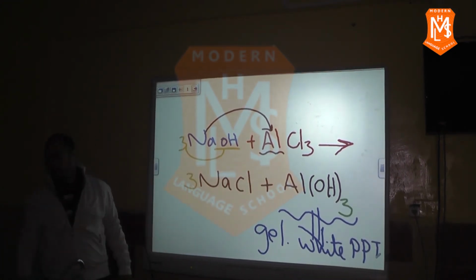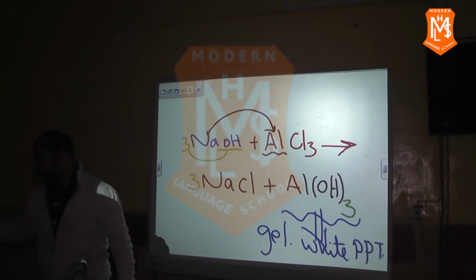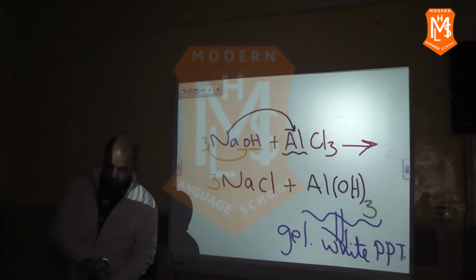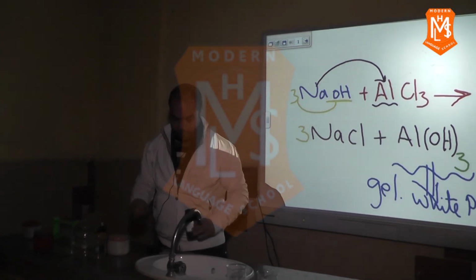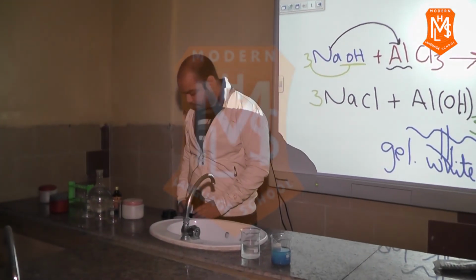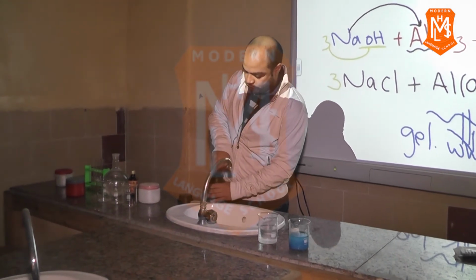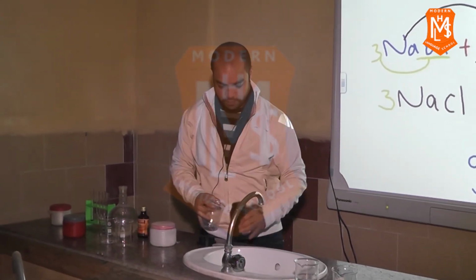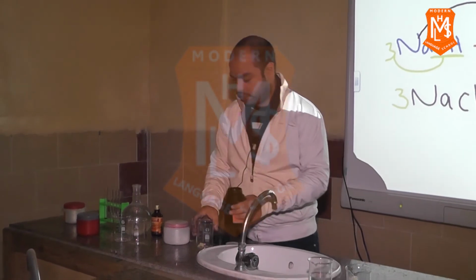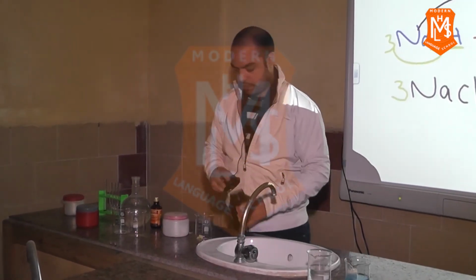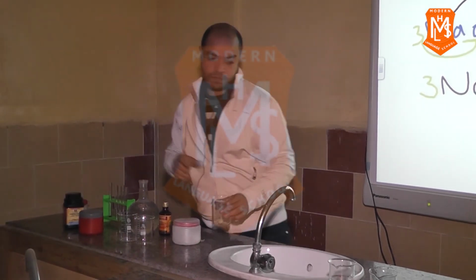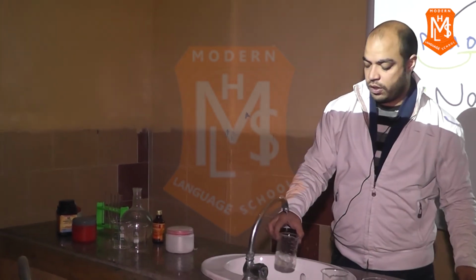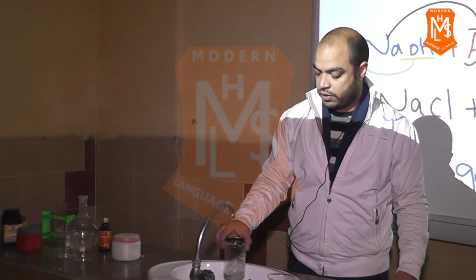To show it practically, we will do this experiment. Put aluminium trichloride salt in a beaker, then try to dissolve it in water.